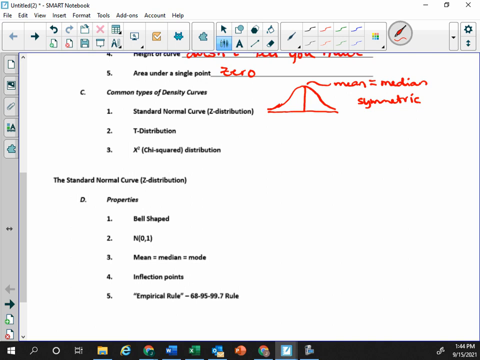All right, then we also have the t-distribution. The t-distribution is really similar to the normal curve, but it has something called degrees of freedom. It's got a little more spread. We'll talk about the tails being fatter, and that's something we'll use a lot more later in the year. So we'll say similar to the normal curve, with more spread.